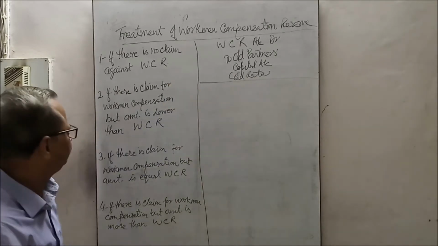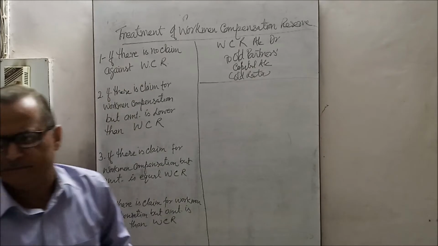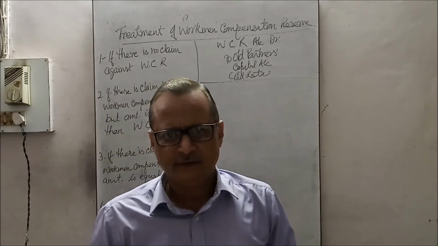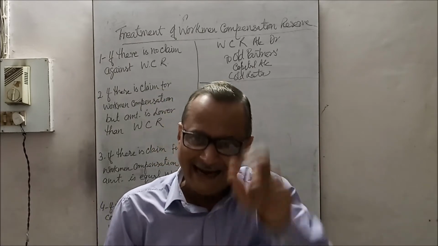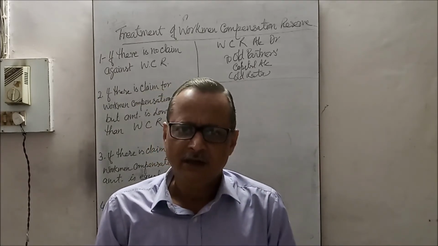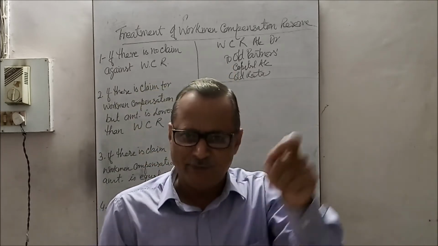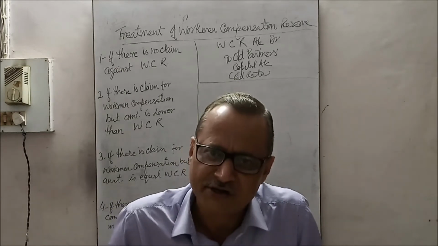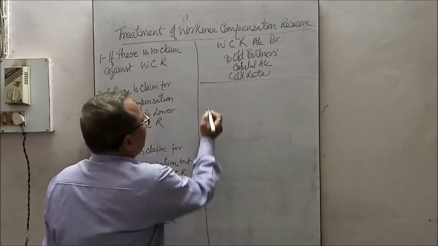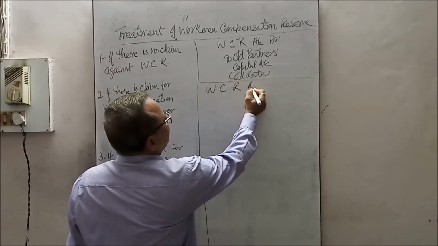in their old ratio. Now, the second case is if there is a claim for workmen compensation, but that amount of compensation claimed or will be claimed is lower than the WCR, or workmen compensation reserve, then we will pass the entry: workmen compensation reserve account debit.